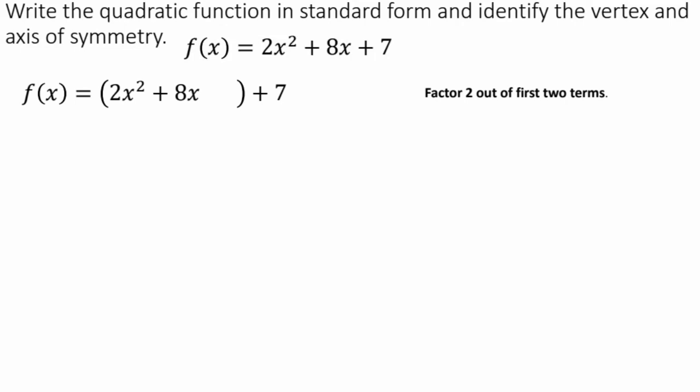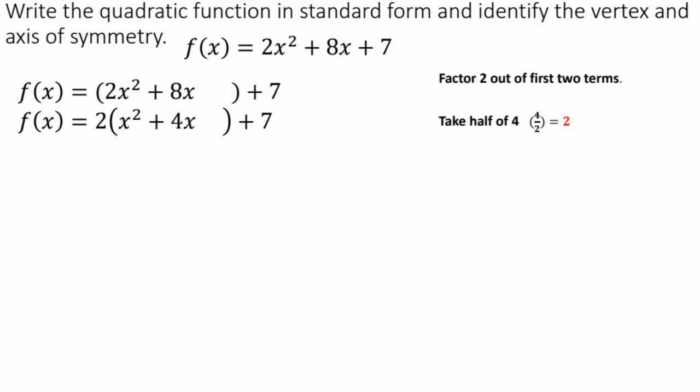All right, so the first thing I do is isolate the two terms that have an x, the 2x squared plus 8x, and I'm going to factor out a 2. So I factor out a 2, and inside the parentheses, I'm only going to have x squared plus 4x.